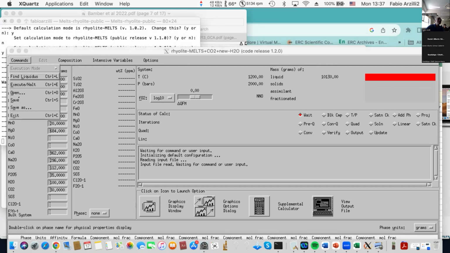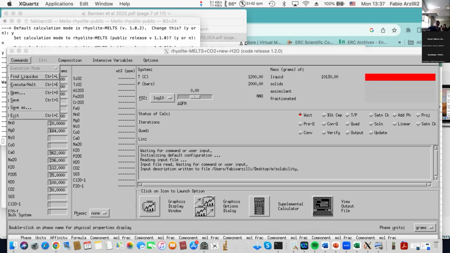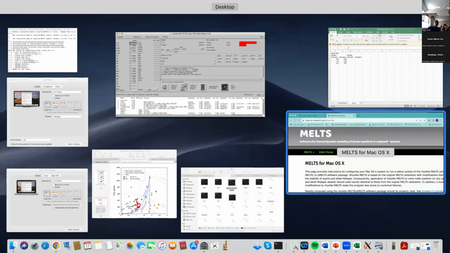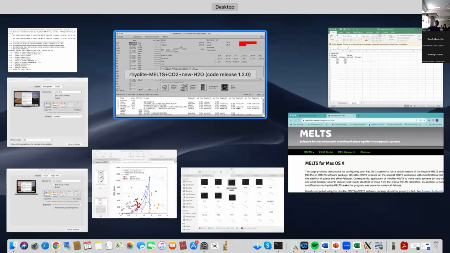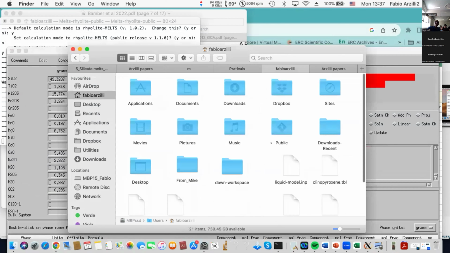We have already started from nearly 1 weight% water, and we do normalize. Execute. Yes, we start from 1 weight%.